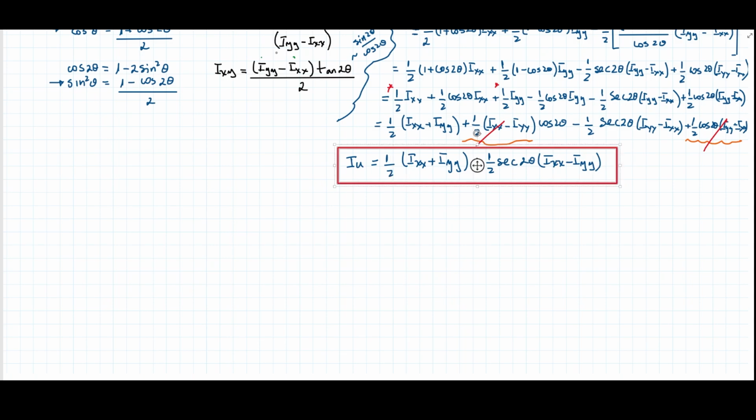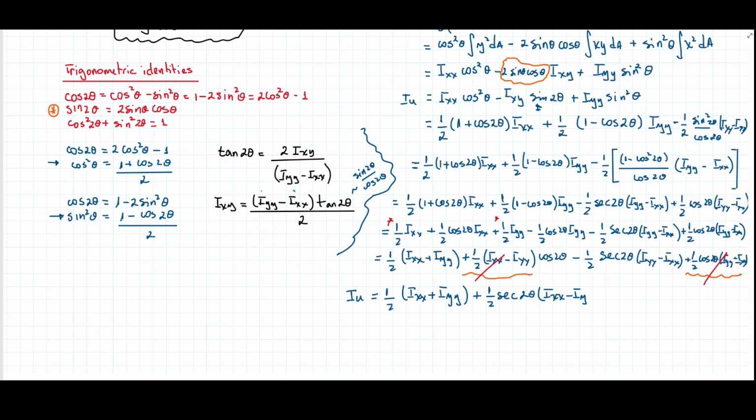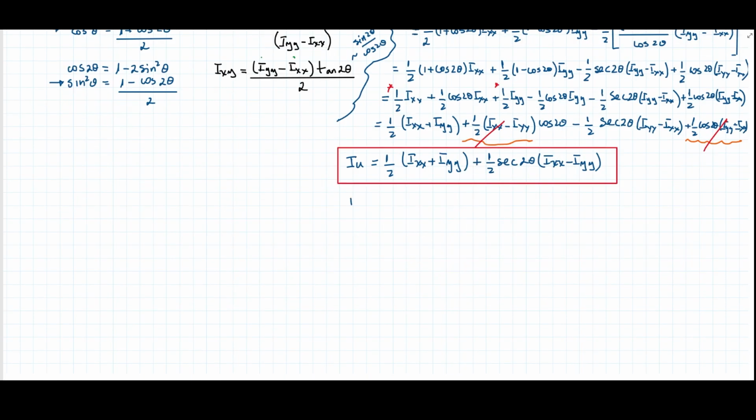If you do the same with the second moment of inertia around the V axis, you're going to find a pretty similar formula, because you're going to start by saying, you know what? Well, actually, let me write it in a different color. Just let me go back. I_v, it's going to be what? It's going to be equal to this one here.